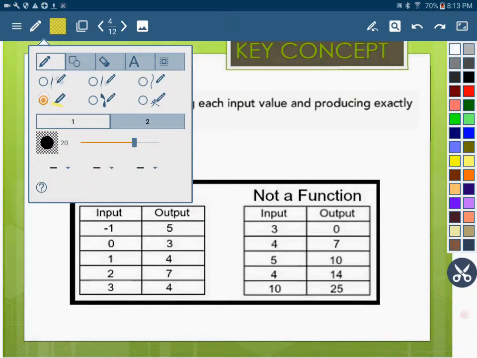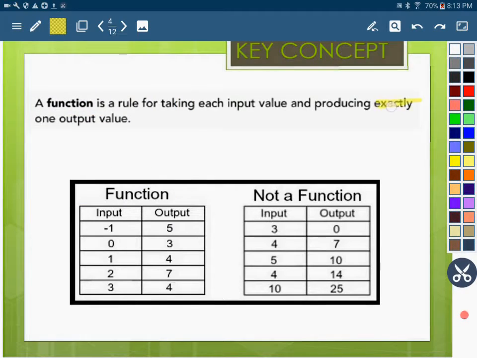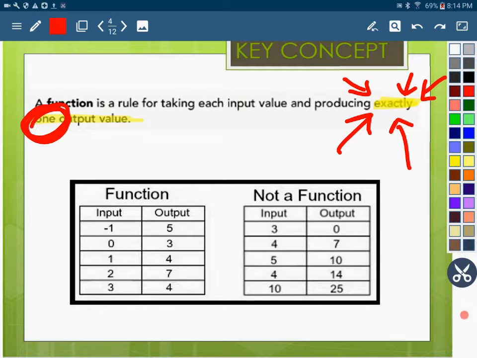Make sure you have a highlighter and not a black pen. Exactly one output value. That is the most important thing to remember about a function. Not just that any input has an output, but it's exactly one. Okay, only one output. If you have more than one output, then it's not considered a function.